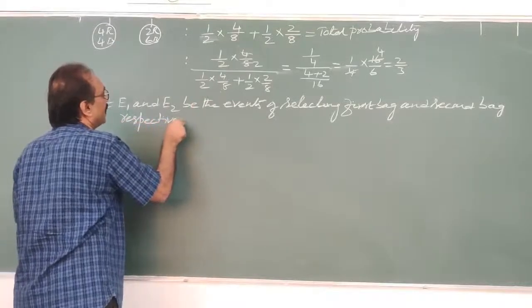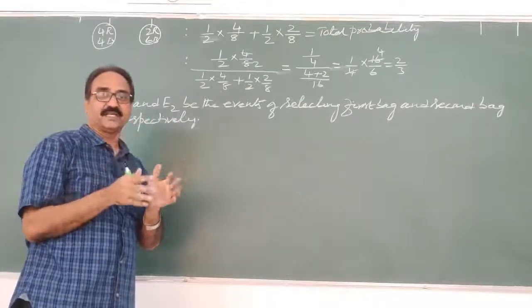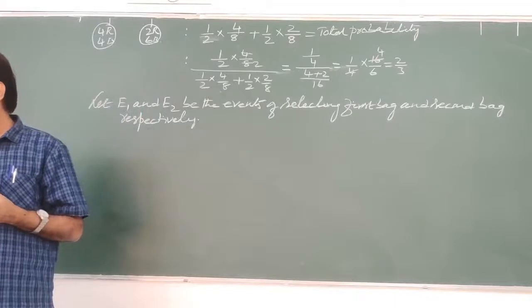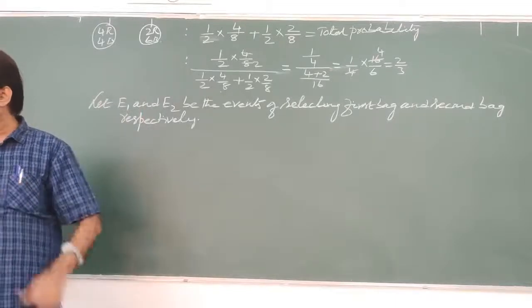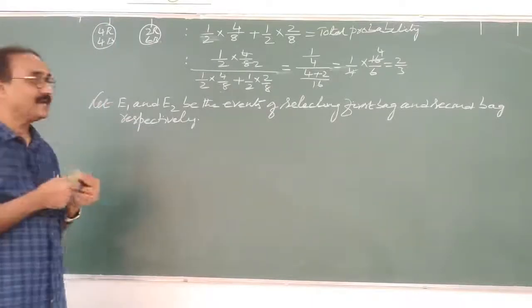Why do you write in that order? We are selecting. So selecting a first bag is E1, selecting a second bag is E2 respectively. Now we have to give their probability. So what is their probability, you tell me?